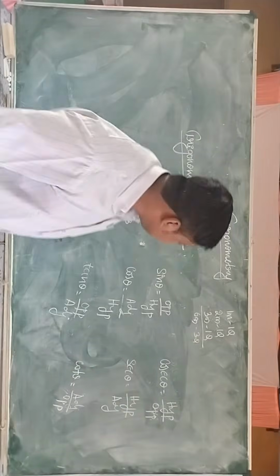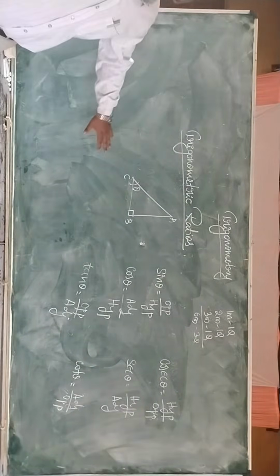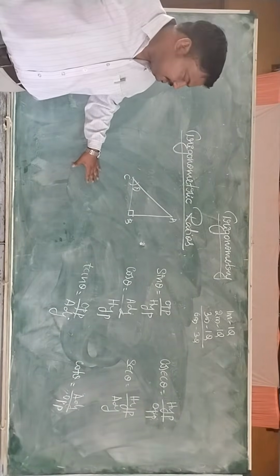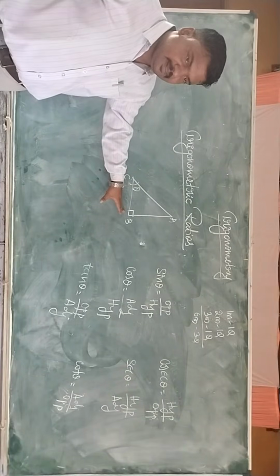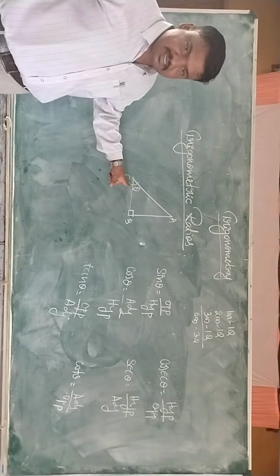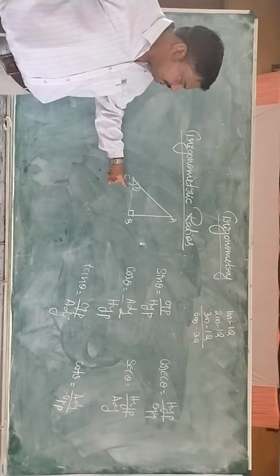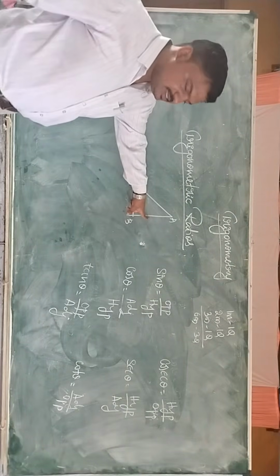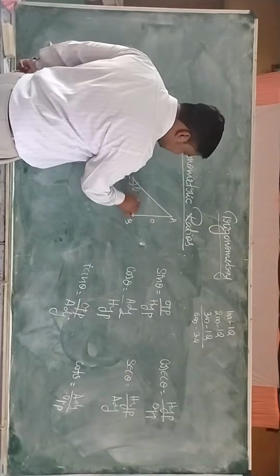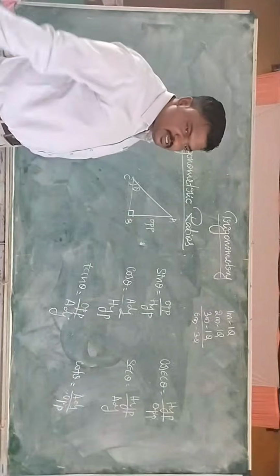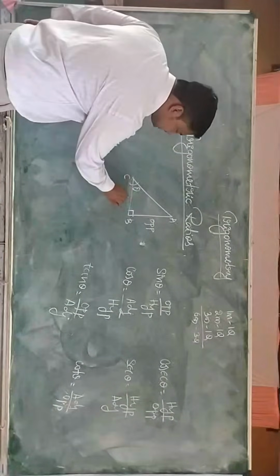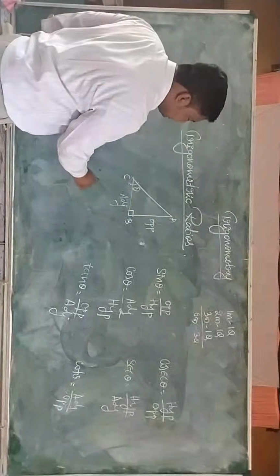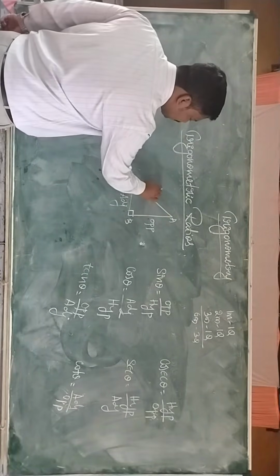Okay. See here. In a right angle triangle ABC, right angle at B, and theta formed at C. The AB side is opposite side because theta formed at C. AB is opposite side, and BC is adjacent side, and AC is hypotenuse.